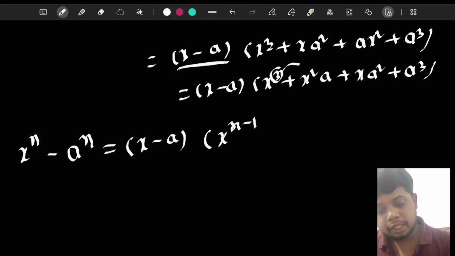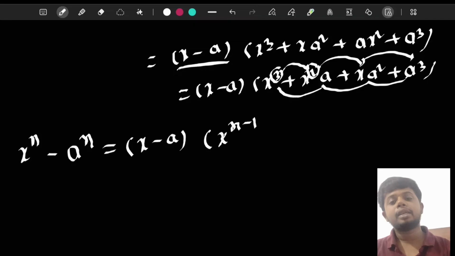Notice the x power: first x power 3, then x power 2, then x power 1, then x power 0, and a power 0, then a power 1, a power 2, and a power 3. That means x power is decreasing and a power is increasing. You'll say yes, sir, correct.